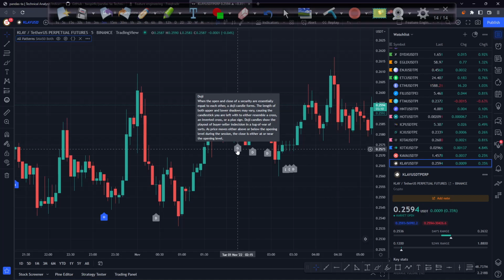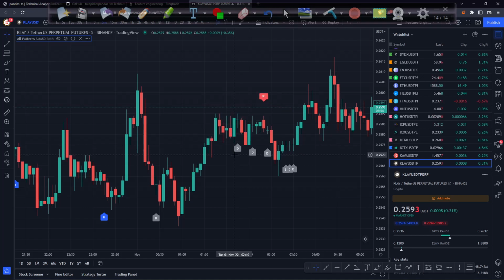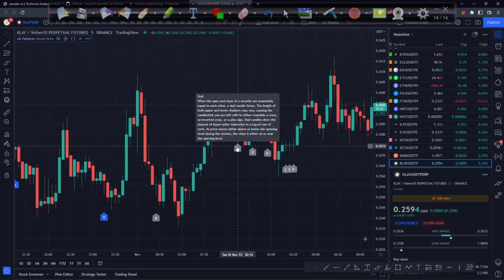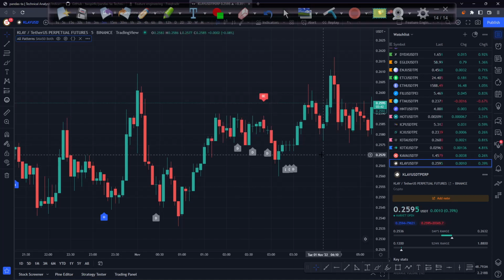Doji candles show the playout of buyer-seller indecision in a tug of war. As price moves either above or below the opening level during the session, the close is either at or near the opening level.